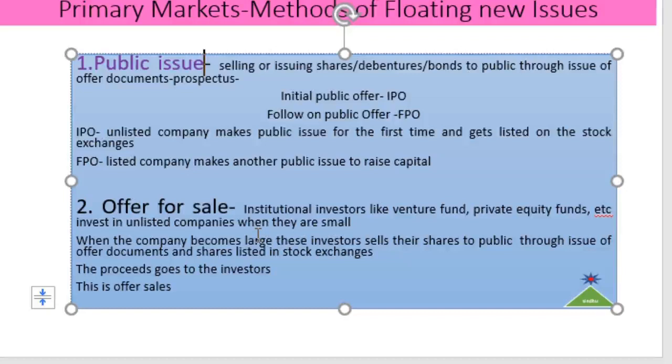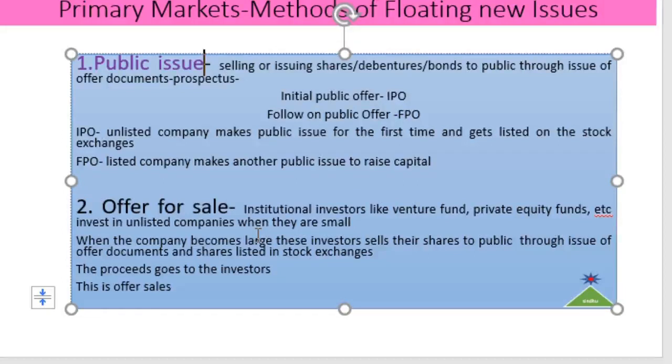The company shares are listed in stock exchanges. This is called offer for sale. The proceeds or the income from this issue goes to the investors, like venture funds, private equity funds, etc., who invested in unlisted companies.